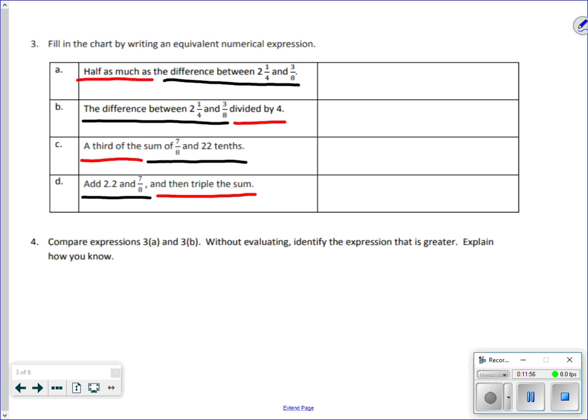Half as much as the difference between 2 1/4 and 3/8. Well, I know that the difference between this, that means subtract. So I know that I need to take 2 1/4 and 3/8 and subtract. Okay. Half as much.